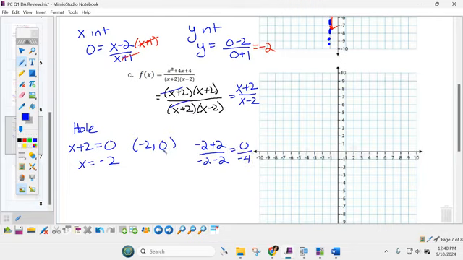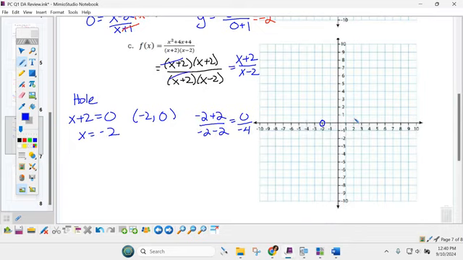We get 0. Woo. The vertical asymptote is when the denominator equals 0.